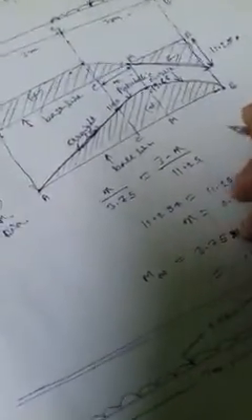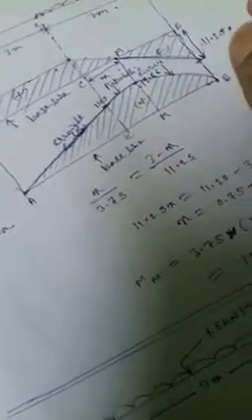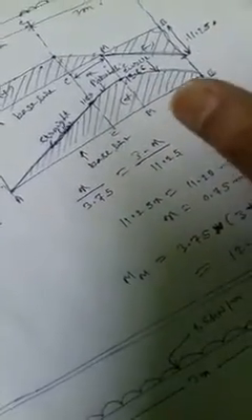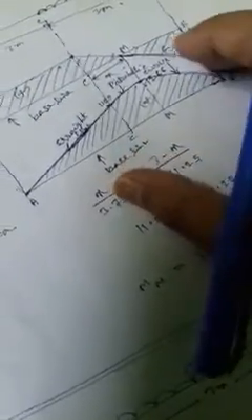For calculating SF and BM, we can treat an overhanging beam as a combination of a simply supported beam and a cantilever beam.